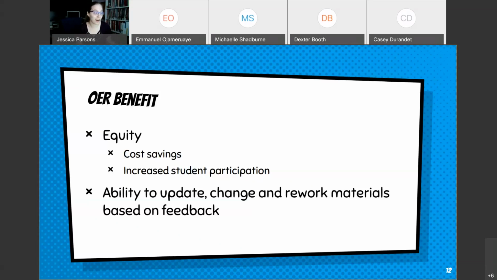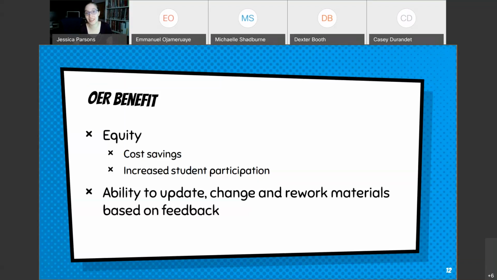And with OER, you're able to remix, rework, and adapt those materials to be exactly what you need to teach your students and exactly what your students need to go out into the world today, prepared for the world that they're going to encounter. It's a fantastic opportunity.